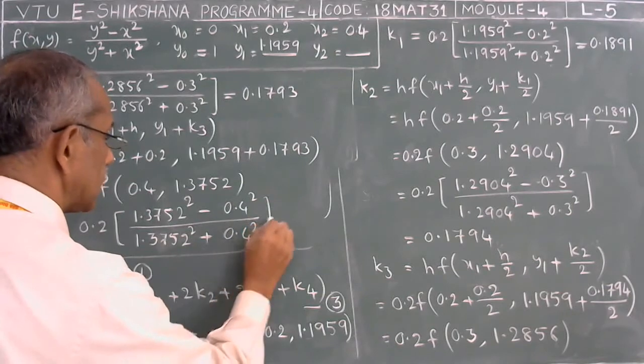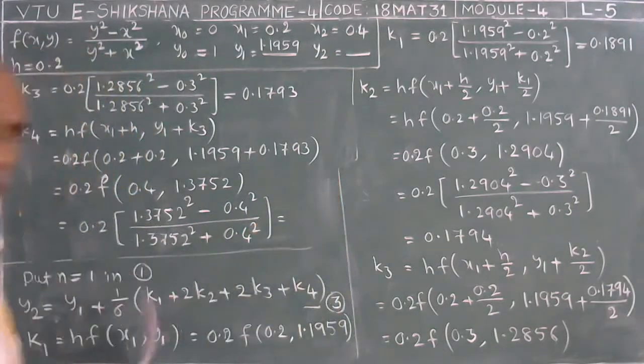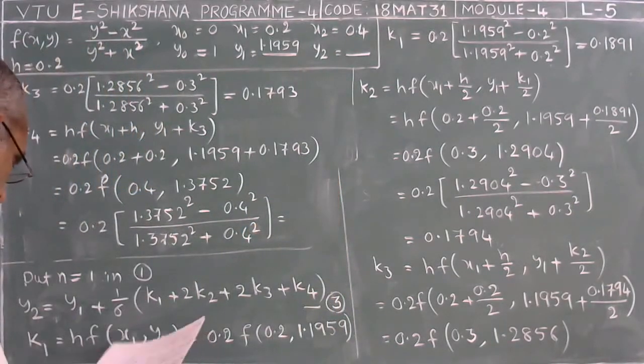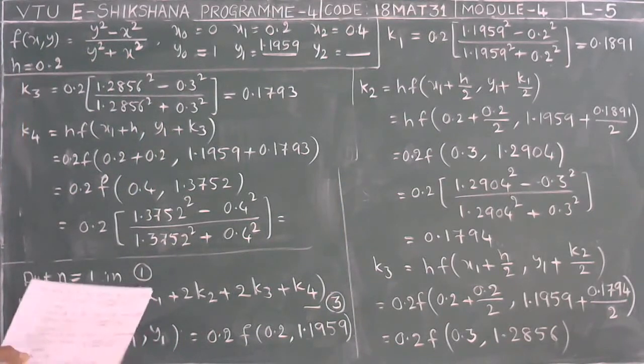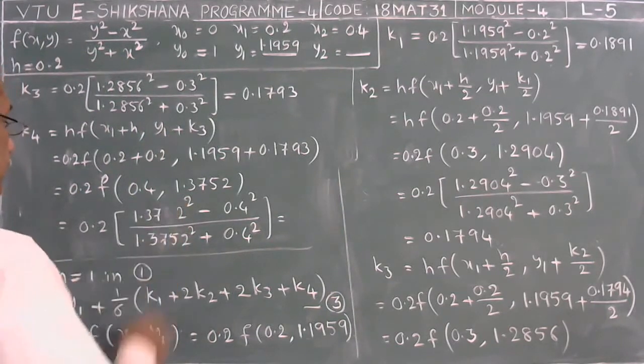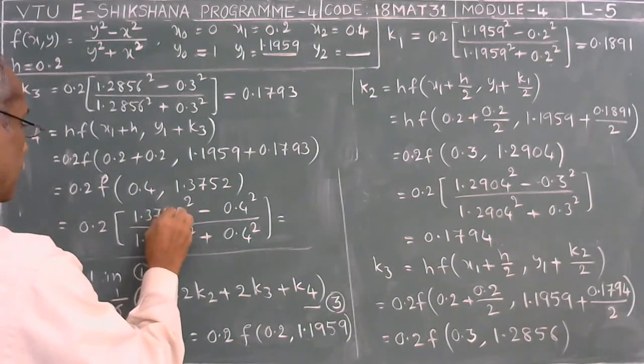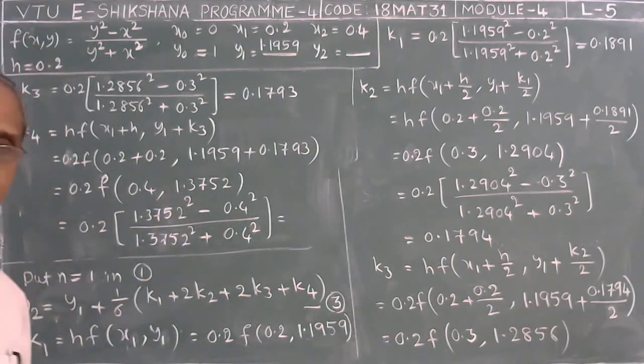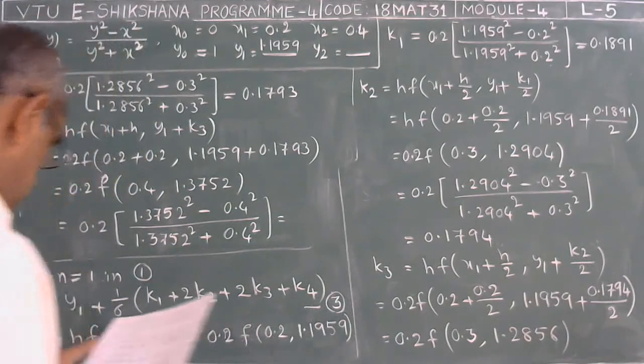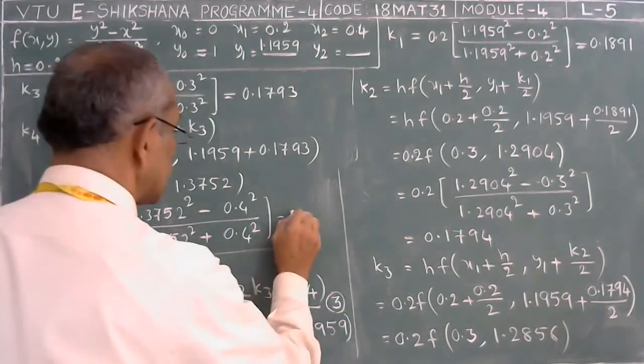So if you calculate this using calculator, you get K4 is equal to 0.1687.